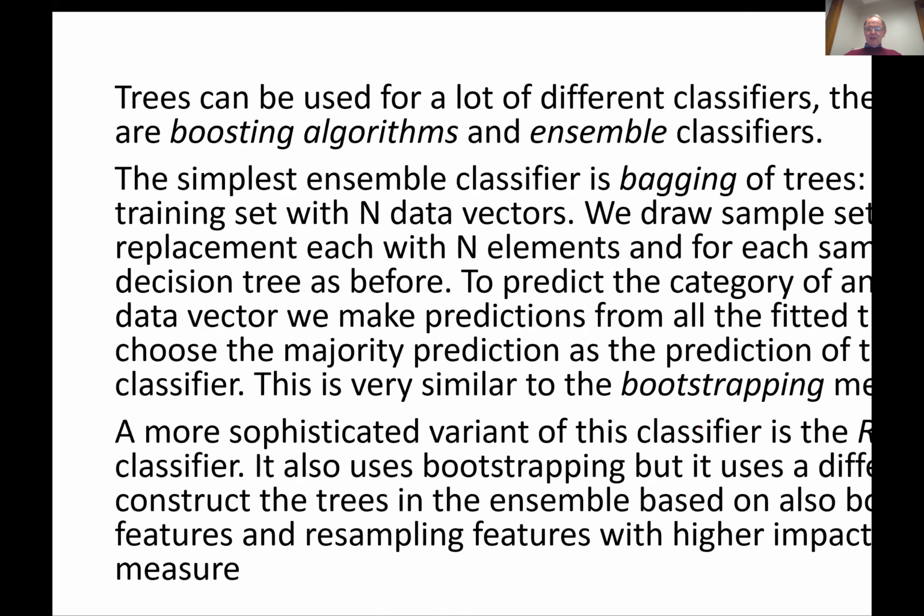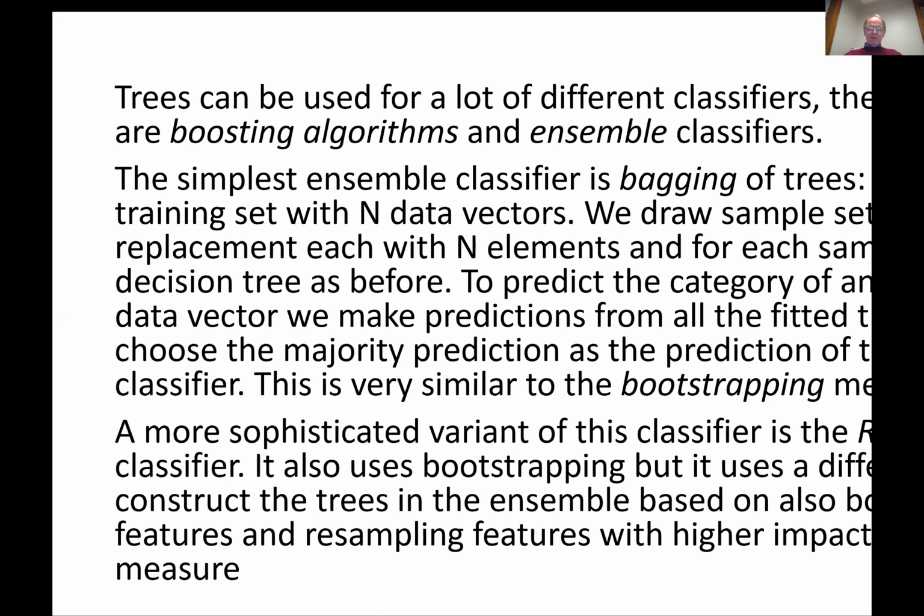Then you take a new data point and send it through all these trees, and each tree will predict a category. You take the majority vote of these, and that will be the category you assign to the point. So that's the bagging classifier.